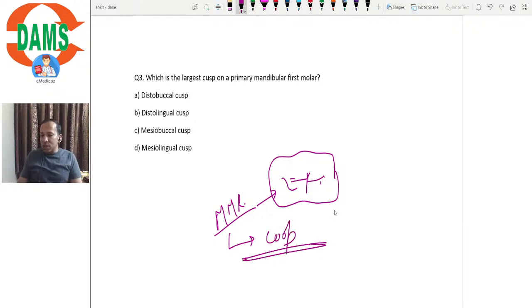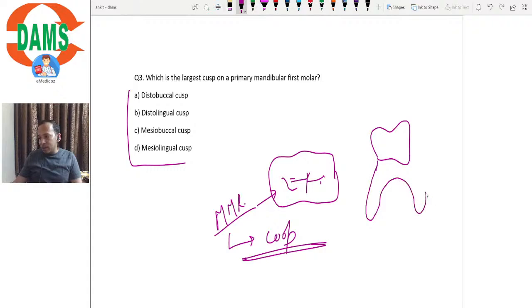So which amongst all these is the largest cusp on the mandibular first primary molar? Which other typical feature do we notice here? It even has a straight mesial outline. So which cusp do you think is the largest?